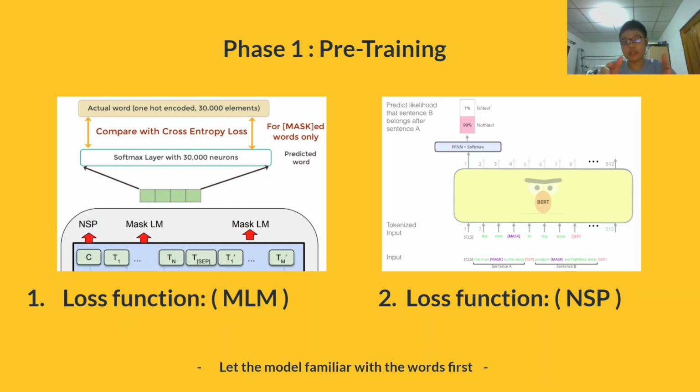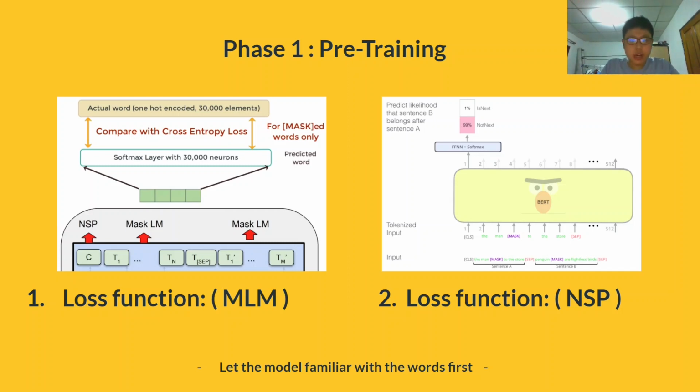That's the idea. The way it can learn has two parts: first, masked language modeling, abbreviated MLM, and next sentence prediction, abbreviated NSP.